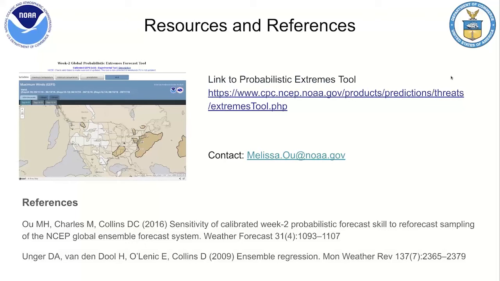Another question for Brad. Are there any plans to eventually add severe weather to week 2 hazards? Yeah, there's certainly some thought with that internally at CPC, working on a severe weather tool.